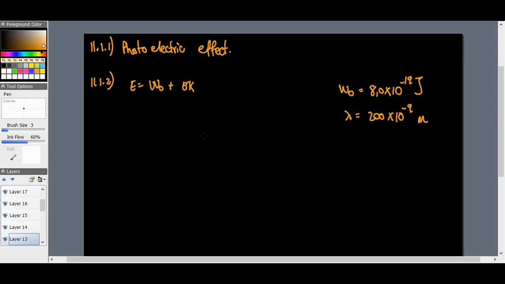Now, you can specify what you want to change E into. You can say, well, I know that E is equal to hf, but f is equal to c over lambda. So therefore, E can also equal h times c over lambda. So we can put that in here.